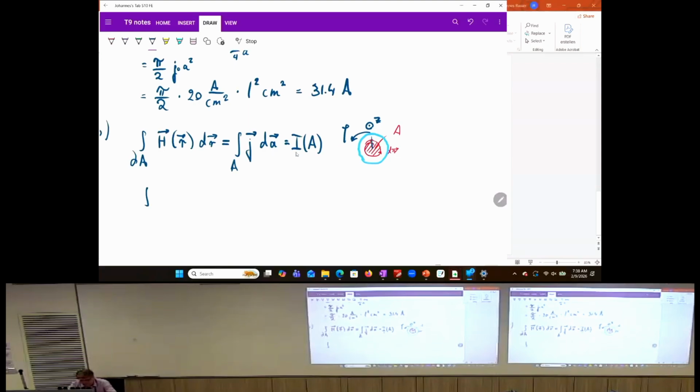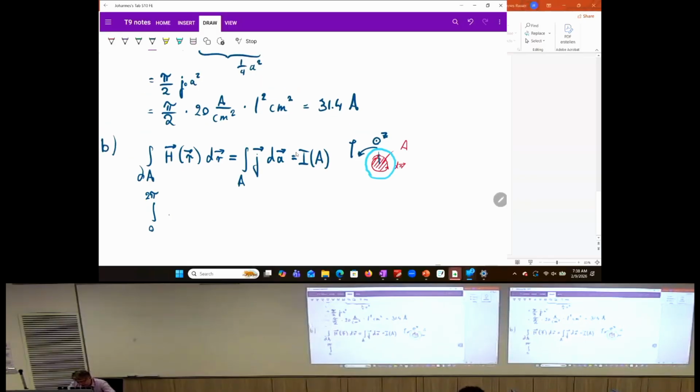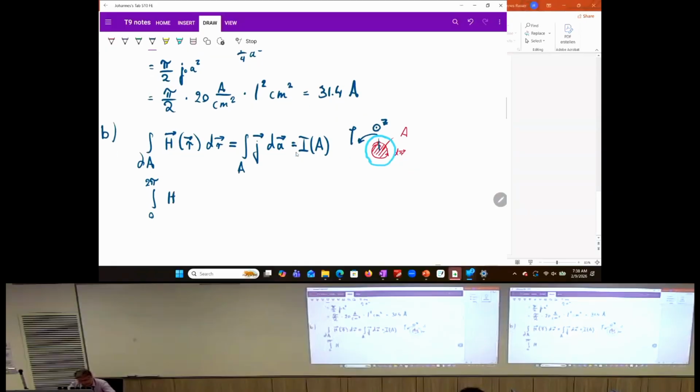And this integral on the left-hand side, because we are looking at a circular line, and because of the symmetry, you see that the current density has only a radial dependence.